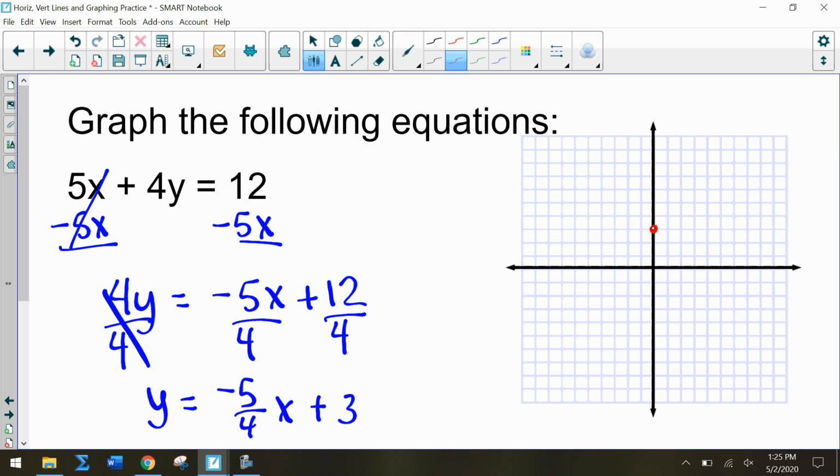And our slope is -5/4. So I'm going to go down 5, over 4. Then go up 5, over 4 the other way. So here we are graphing that line, a negative slope.